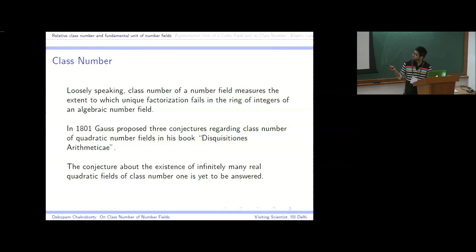He conjectured that there will be infinitely many real quadratic fields with class number 1. Now this class number 1 is very much adored because it gives the desired unique factorization at the elementary level.